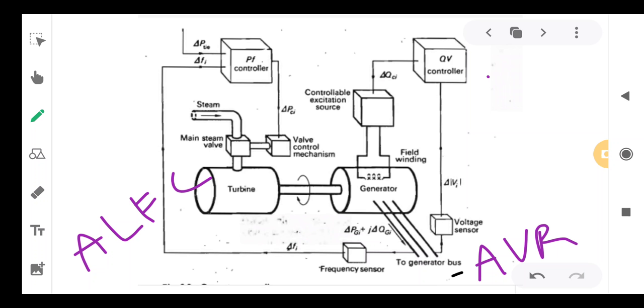Similarly here, delta F is given to PI controller. So this is the delta P type, power required by the other control area. This is the PI controller. So, valve mechanism through which you can control the steam injected to the turbine.